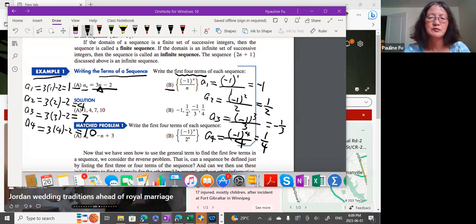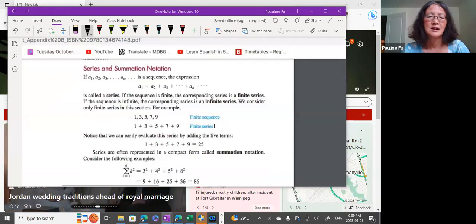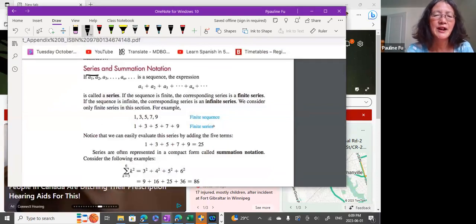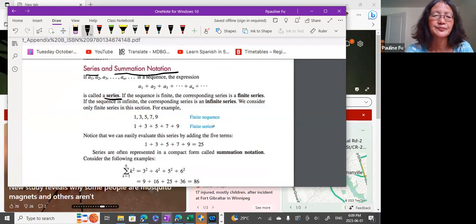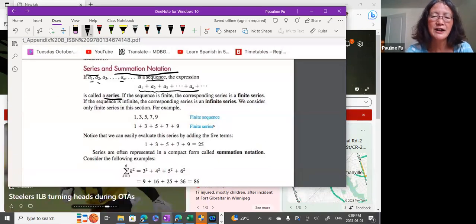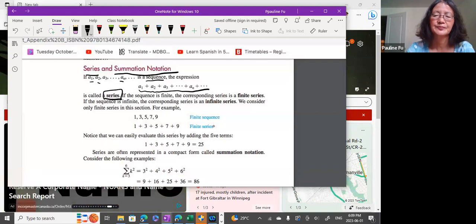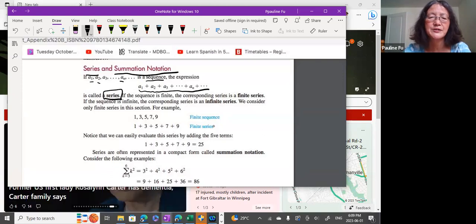All right, so let's move on. Series and summation notations. So what is a series? If A1, A2, up to An is a sequence, then if you add all the items, this is called a series. As you can see, there is a difference between series and sequence.